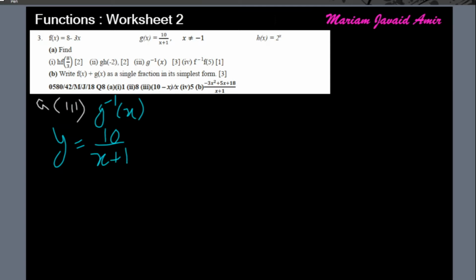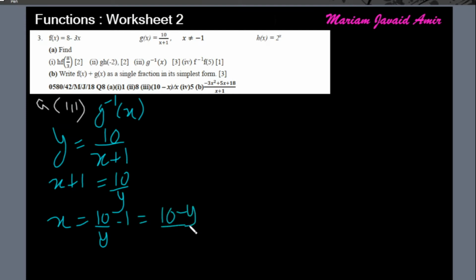For that I would move x plus 1 here and y here, and then subtract 1. So I may take LCM here, so 10 minus y over y. This is the answer, but replace y with x. This is G inverse of x.